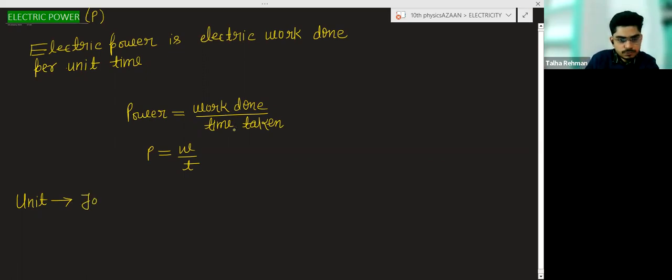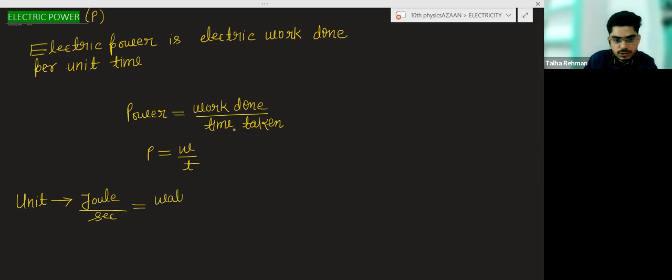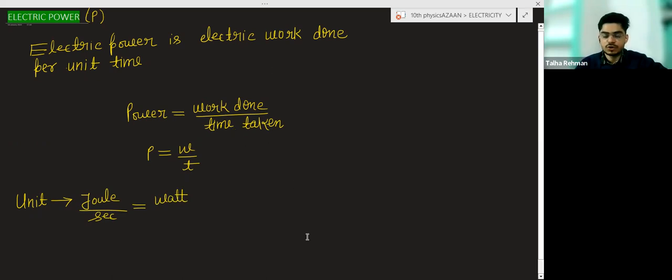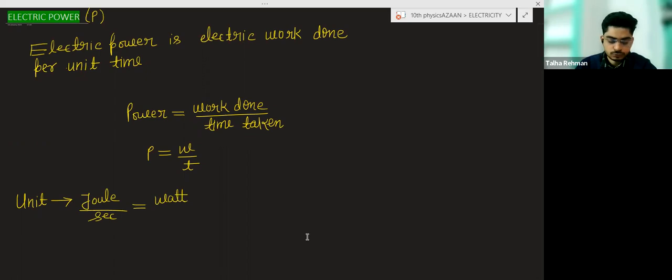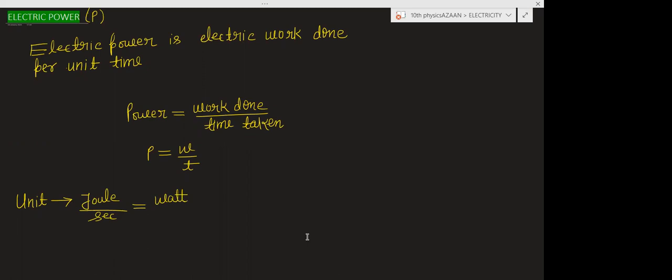So joule per second. And this unit is also known as watt. This unit is in the name of a scientist, James Watt.